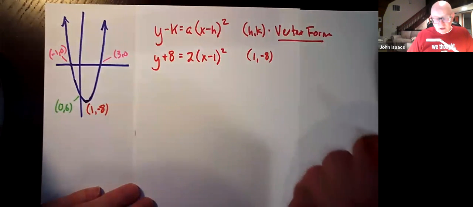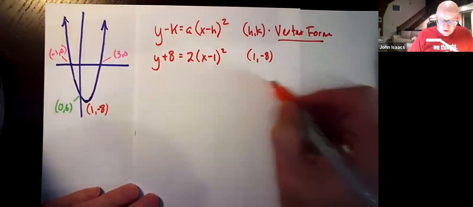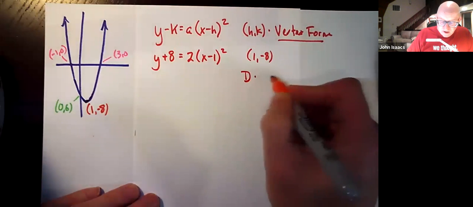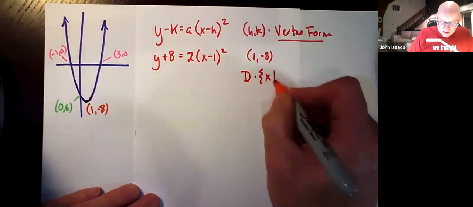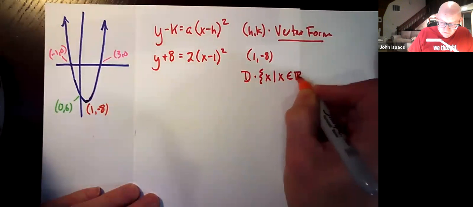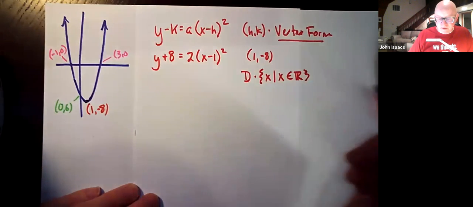Now, the other thing that I wanted to remind you of is just like with the absolute value, we have domain and range to deal with here. So domain in this case is all values of x such that x can be any real number, because we can put any value of x into that equation and get some value out.